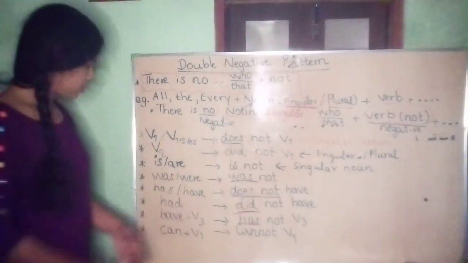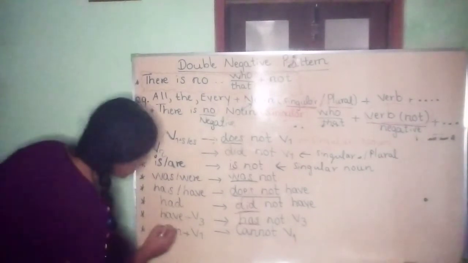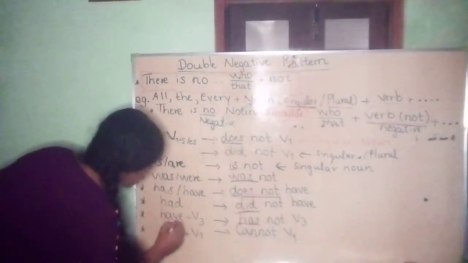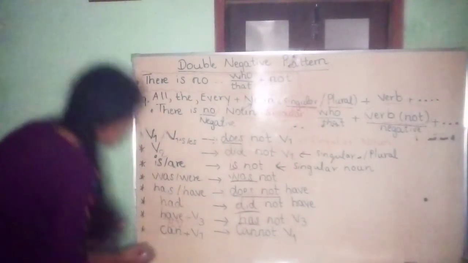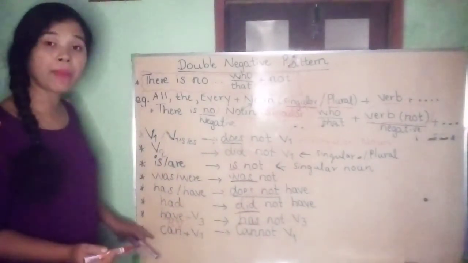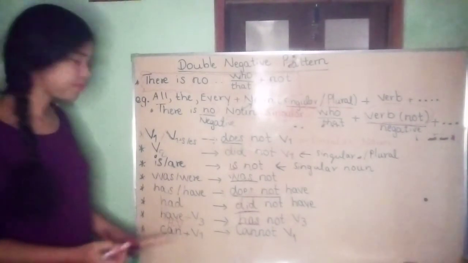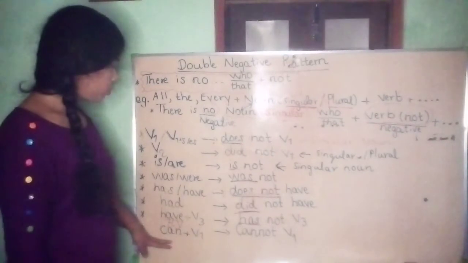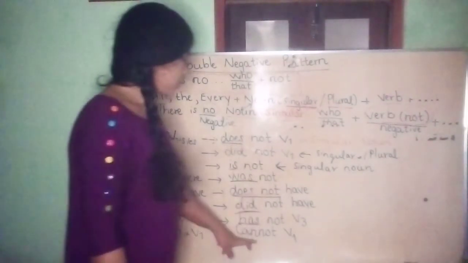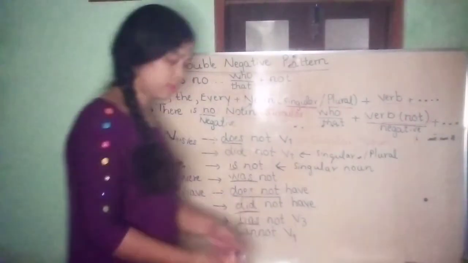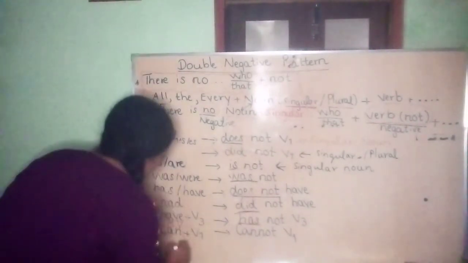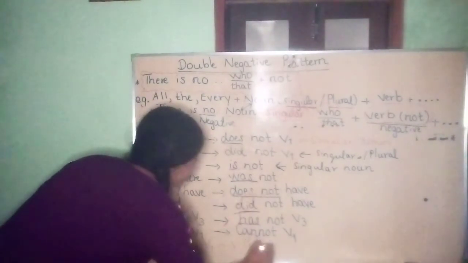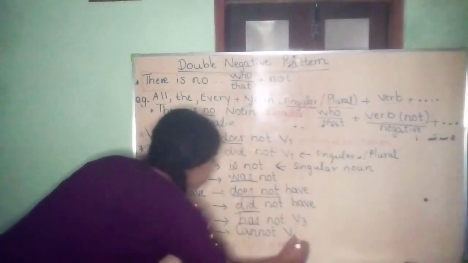If you see a helping verb plus verb 1, such as can, shall, should, will, would, may, might, must, something like that, you need to change that into helping verb, not, verb 1.